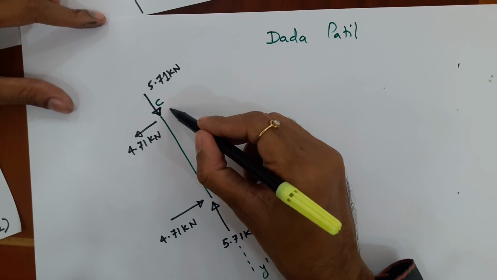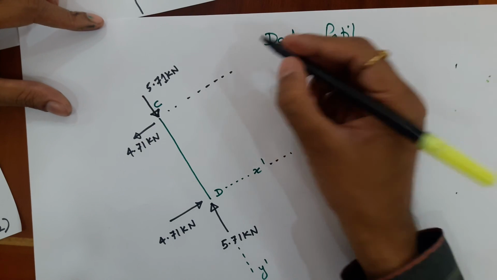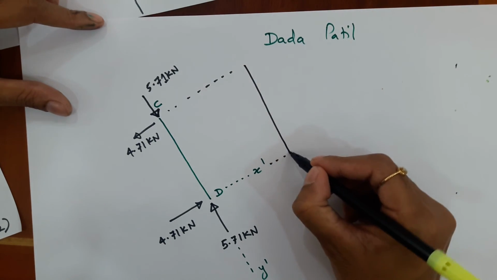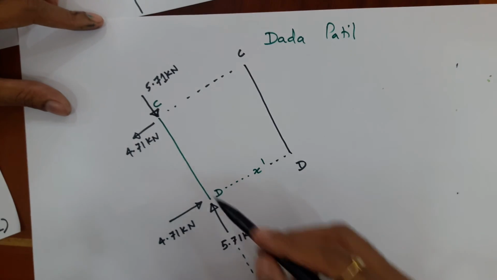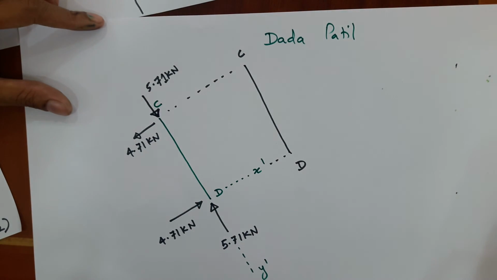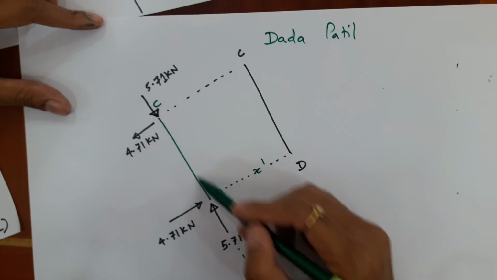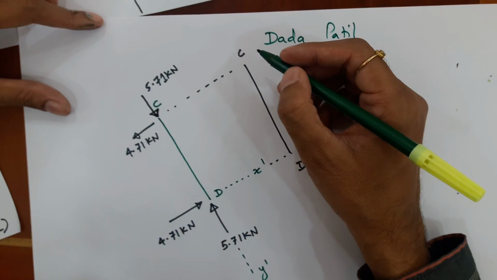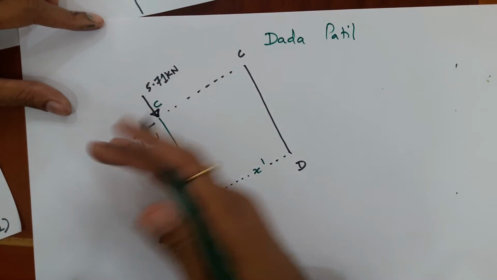Again let me try drawing the axial force diagram. So this is C and this is D. Now I know that this 5.71 and this 5.71 are creating compression in this inclined member CD. Compression means I show it inside the frame. This is outside the frame and this is inside.